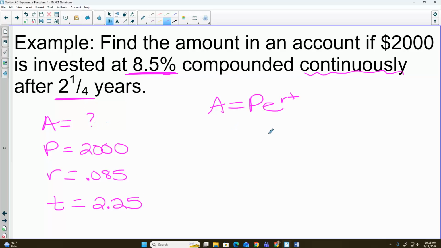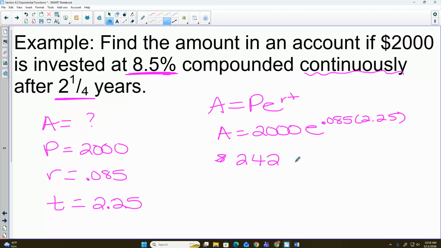So we're looking for A. We have 2,000 E 0.085 times 2.25 power. And we get 2,421. Good. What if I asked you how much interest you had earned?